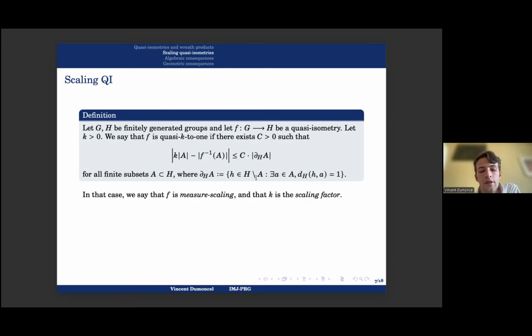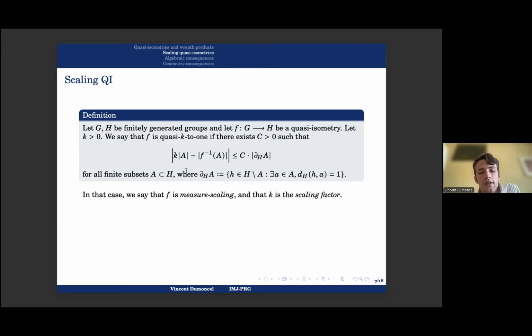So it is the set of all h in the complement of A that lie at distance 1 from an element of A. Okay, so just keep in mind that this condition of being quasi k to 1, or measure scaling, is in fact a way of quantifying the defect of your map to be injective, if you want. Roughly it says that the fibers have cardinality k up to a small error.